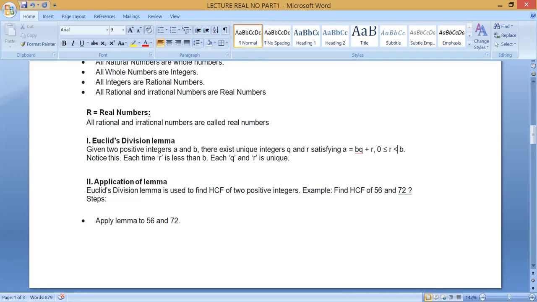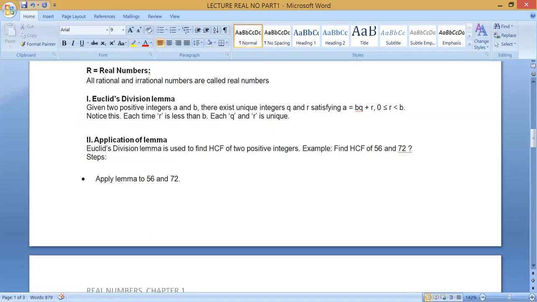That is, if two integers are given, A and B, A is greater than B, then A divided by B: A is the dividend, B is the divisor. How many times it goes is the quotient, and the remainder is there. So lemma is a proven statement.